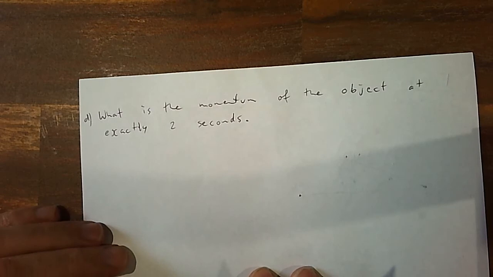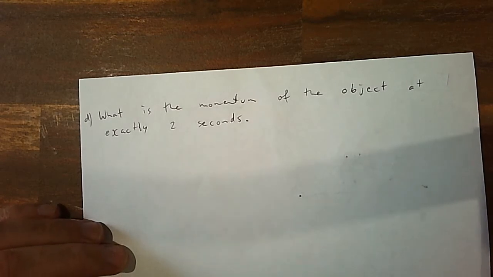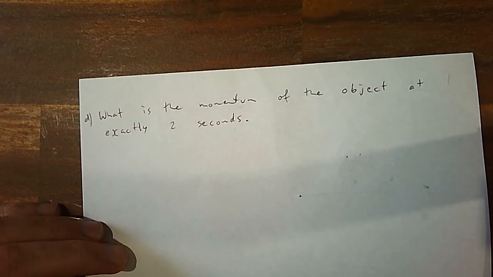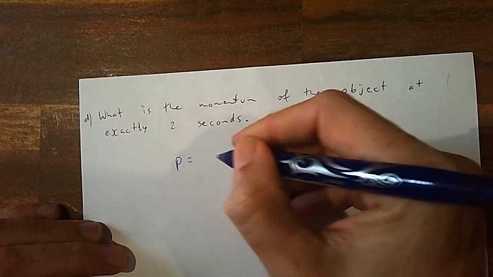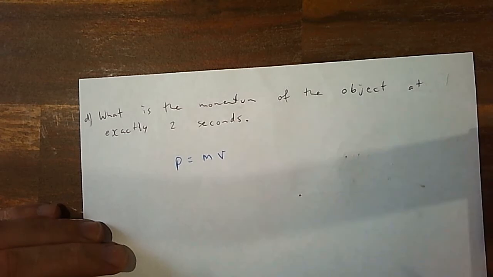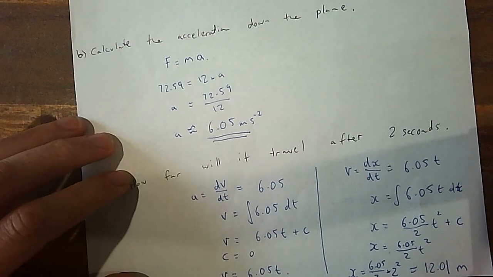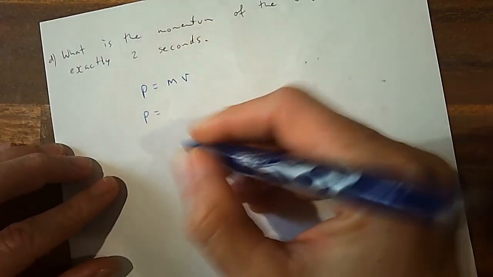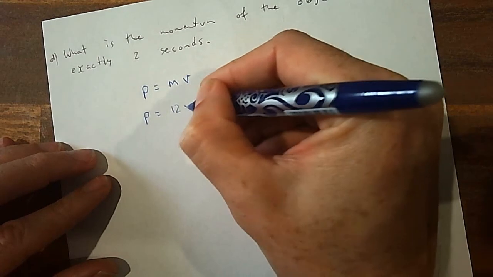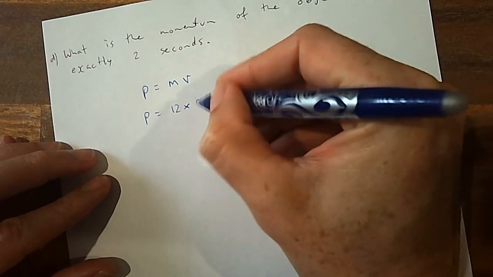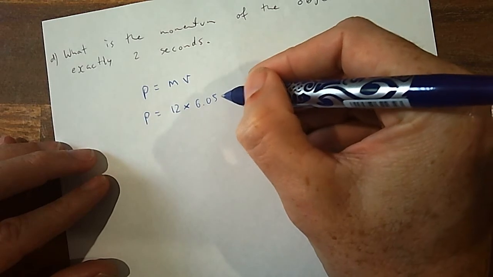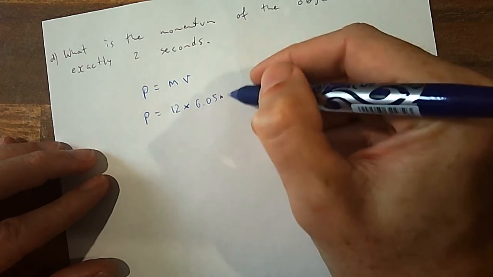Okay, last one. What is the momentum of the object at exactly 2 seconds? Our momentum equation is momentum equals mass times velocity. We have an expression for velocity that we worked out before: 6.05 t. At exactly 2 seconds, the momentum is equal to 12, the mass, times 6.05 times my time, which is 2.